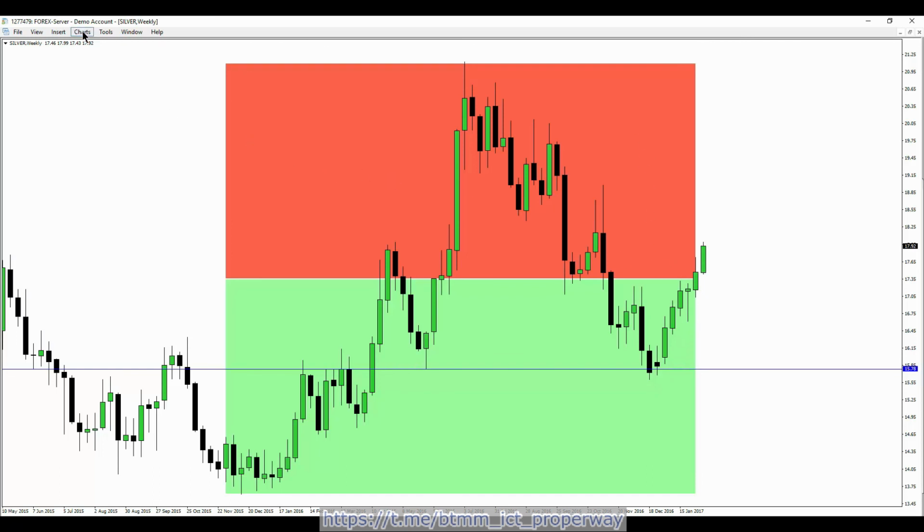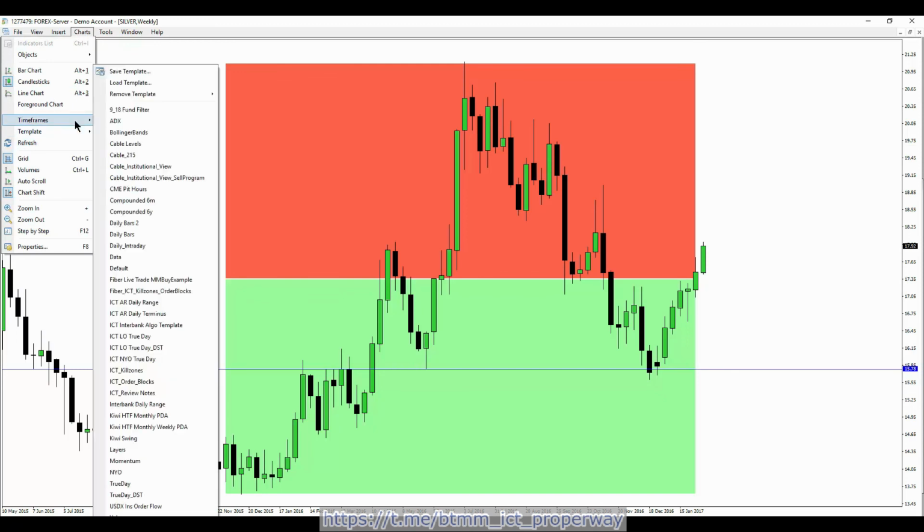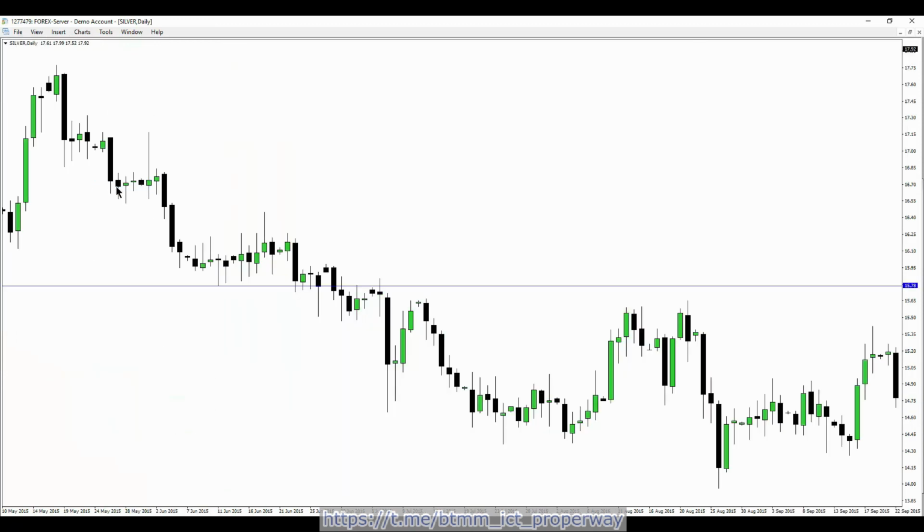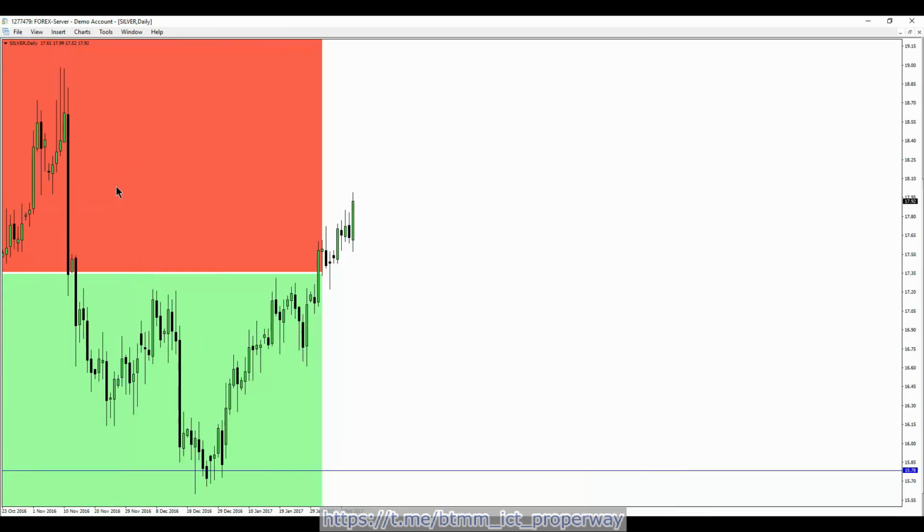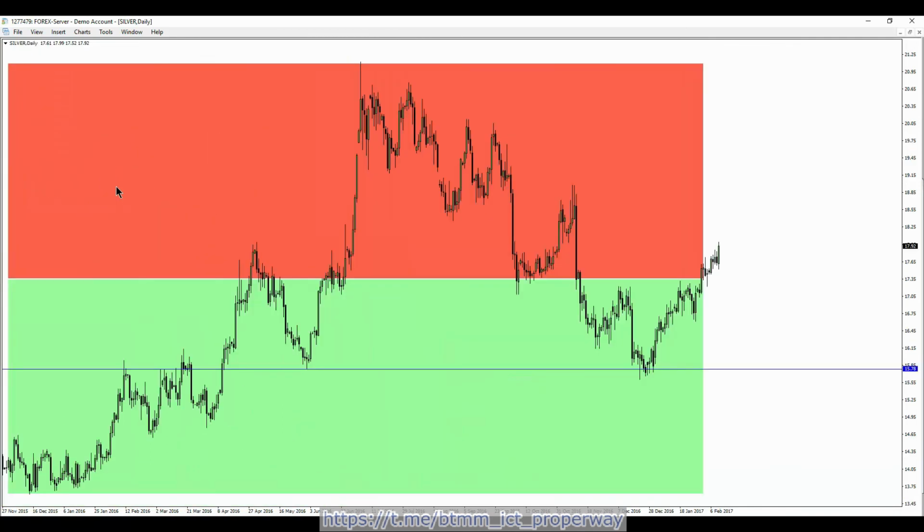We can go down to a daily time frame also. You can see how price responds again off the order blocks that are inside of the discount spectrum, and all of the order blocks on the premium side of the range.